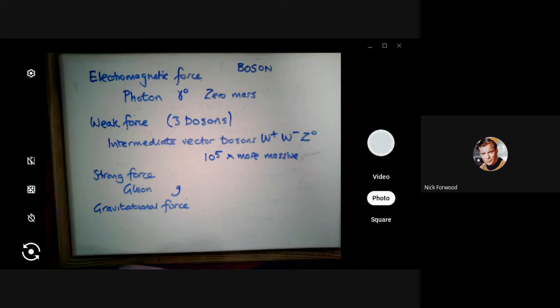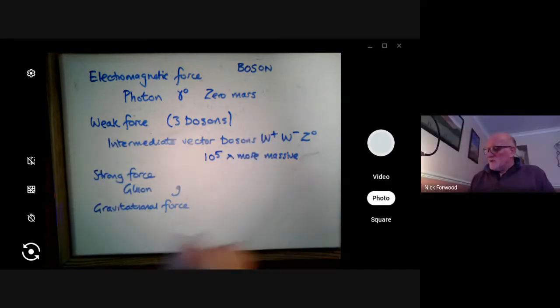And the theory matches up quite well with the experiment for electromagnetic force, weak force, and strong force, but there is no experimental evidence for the boson that causes the gravitational force.